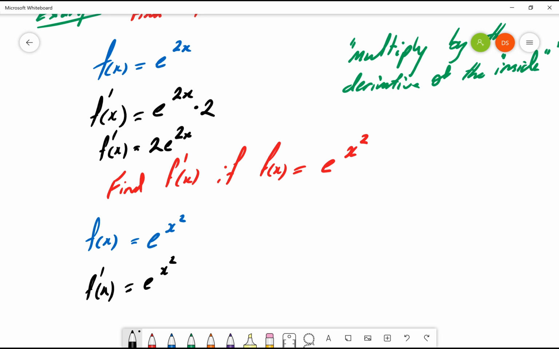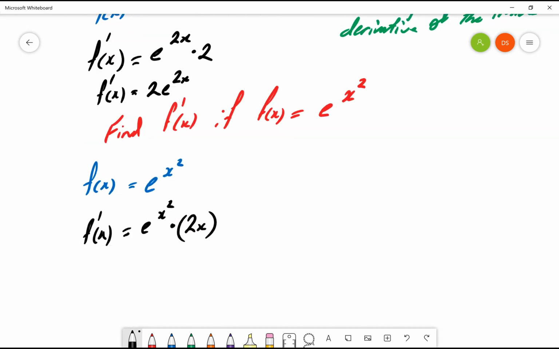But I multiply by the derivative of the power, in which case it is 2x. And so the final derivative can be rewritten nicely, but you don't need to.